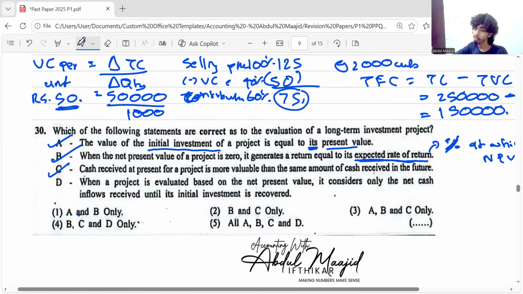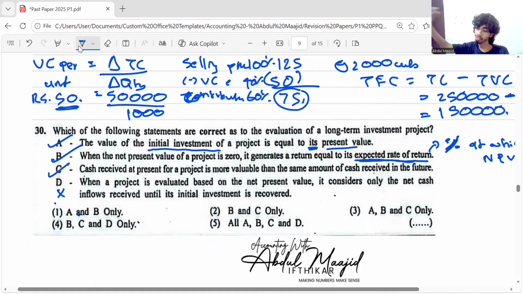Then D, when a project is evaluated based on the net present value, it considers only the net cash inflows received until its initial investment is recovered. This is wrong, right? That is the definition of payback period. In net present value, we take the cash flows of the entire project from year 0 until the end of it.